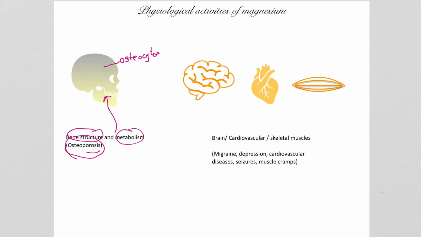And then the rest of the tissues, especially the brain, the heart, and the skeletal muscle. Deficiencies have been associated with various diseases, including migraine, depression, cardiovascular disease, seizures, as well as muscle cramps. Magnesium, like calcium, changes shapes of proteins, changes the stability of proteins, changes the transport of proteins, and therefore has very general effects on all kinds of cells.